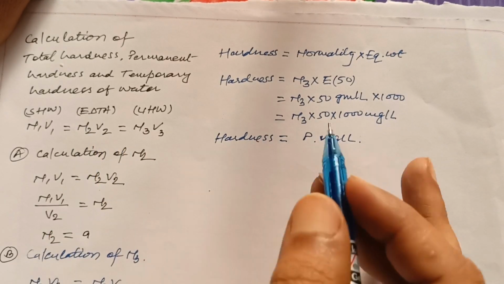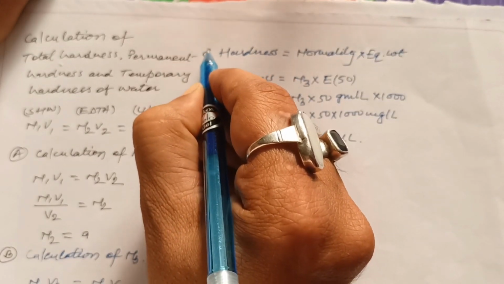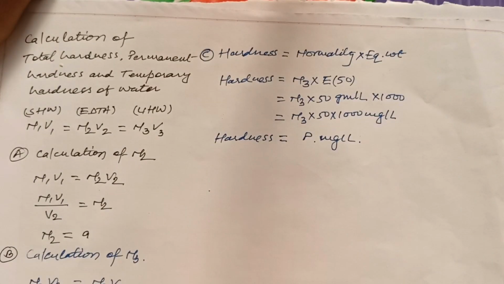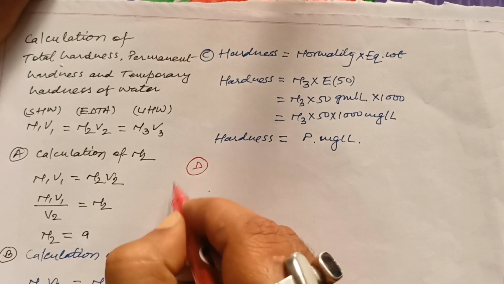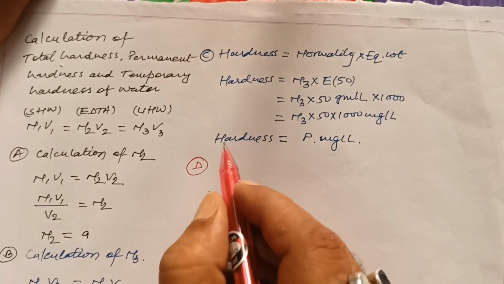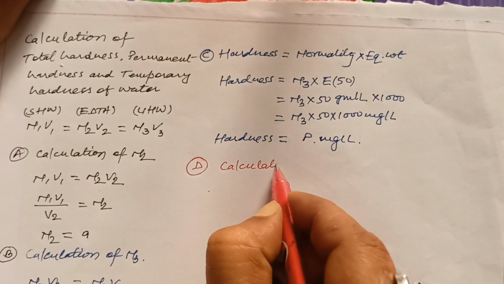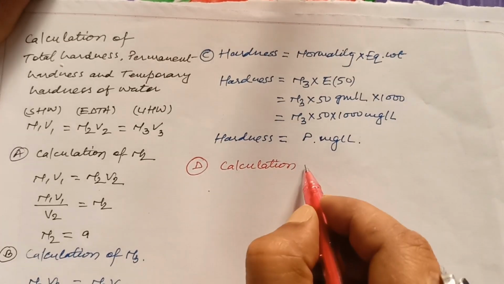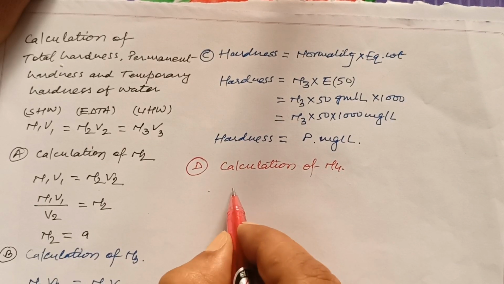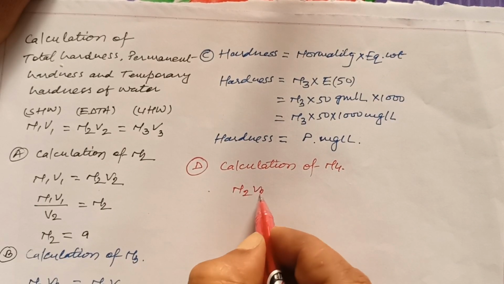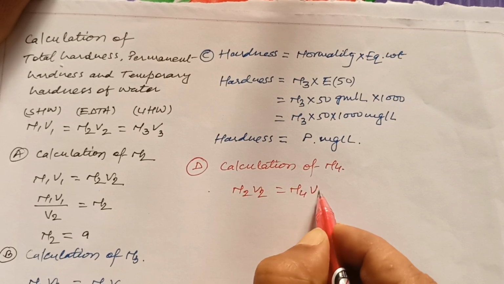So now, this is step D, calculation of N4, and we adopt the formula N2V2 is equal to N4V4.